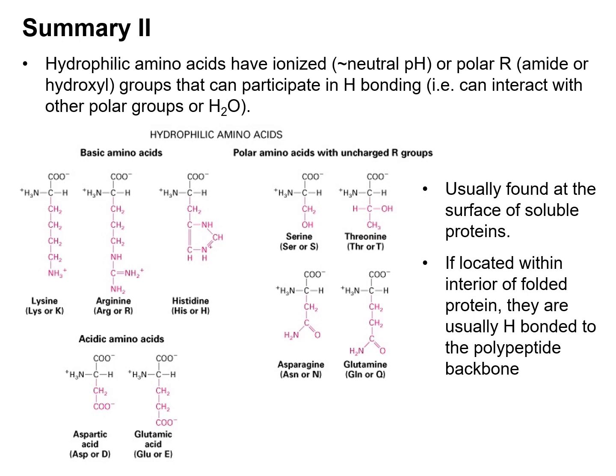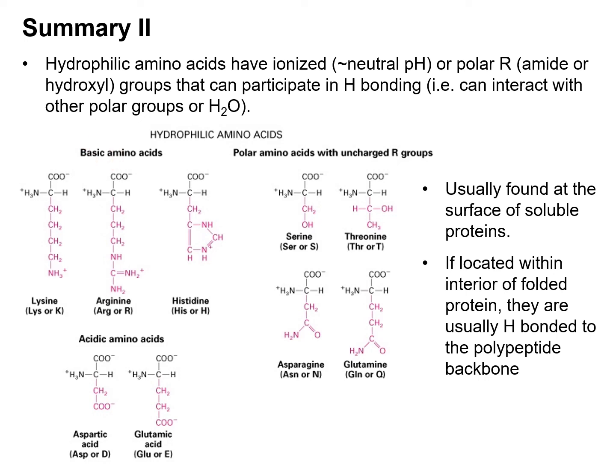The second summary is that hydrophilic amino acids have ionized or polar side chain groups that can participate in hydrogen bonding, and this hydrogen bonding is achieved with other polar molecules, or even just a water molecule. Examples are the acidic or basic amino acids.